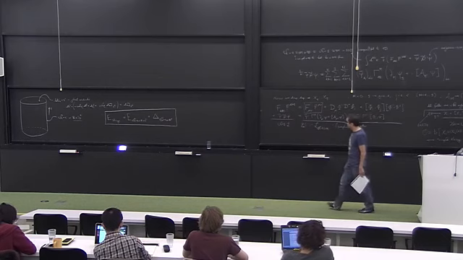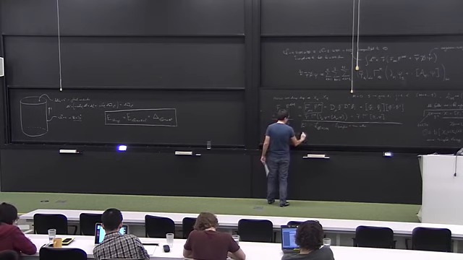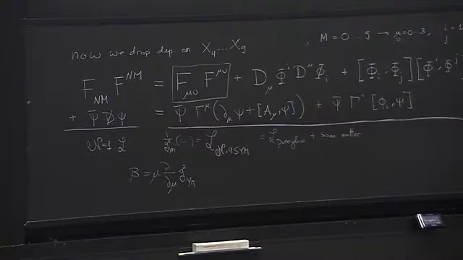And now you can ask, what is the beta function for this coupling g_YM? If you have some scale, how does the coupling change as you change your energy scale?